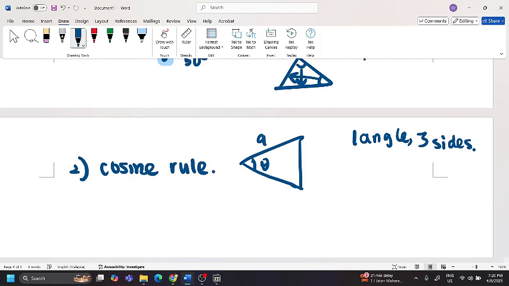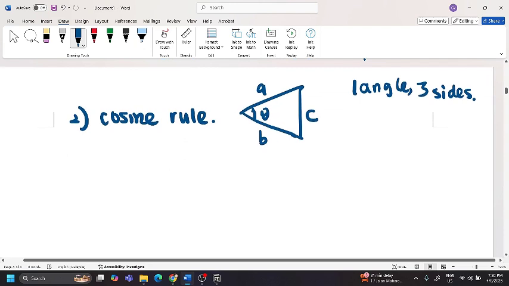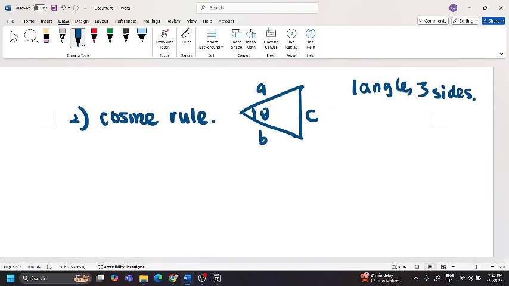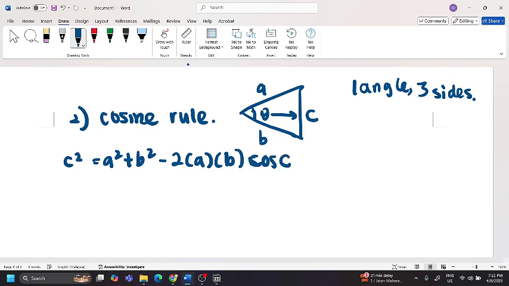So usually it's like A, B, and then this is C. The general formula is C square, which is the length opposite of the angle, equals A square plus B square minus 2AB cos C. The C is the angle theta here.